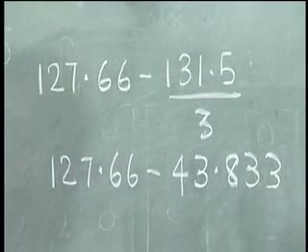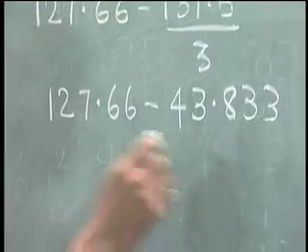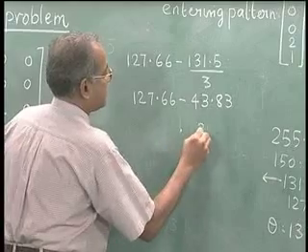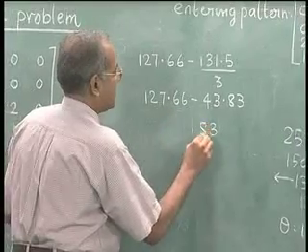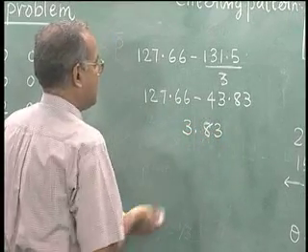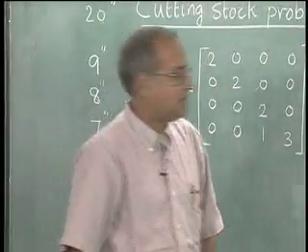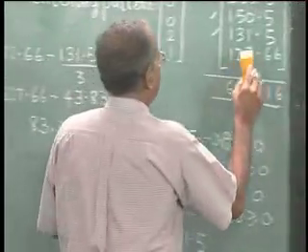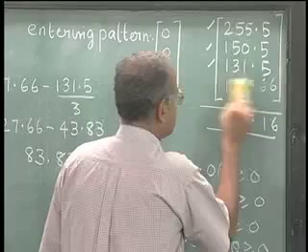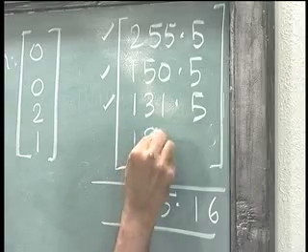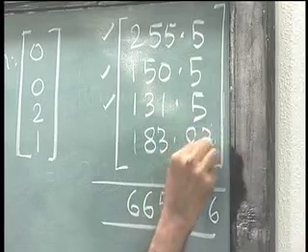Now, this on subtraction would give us 83.83. So, this 127.66 will now change to 83.83.